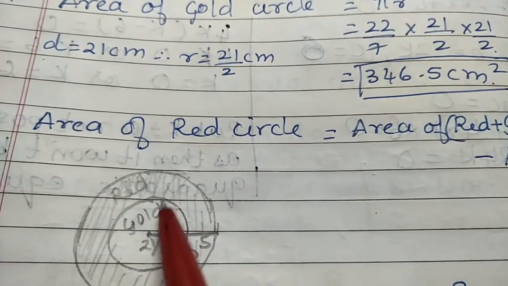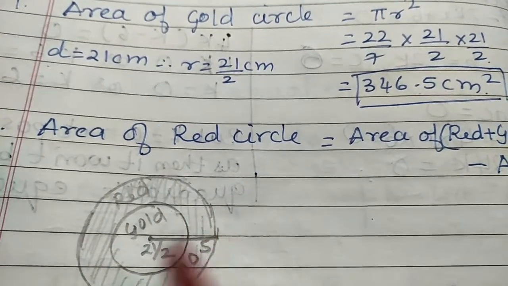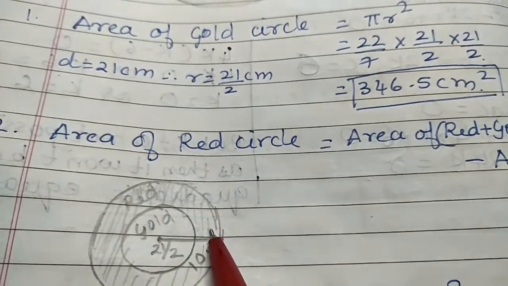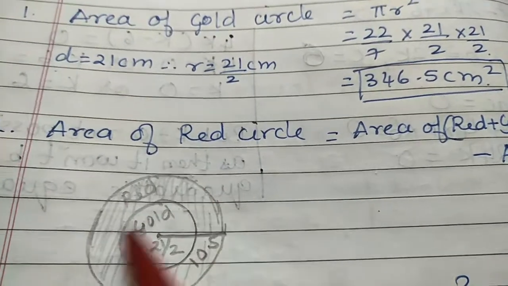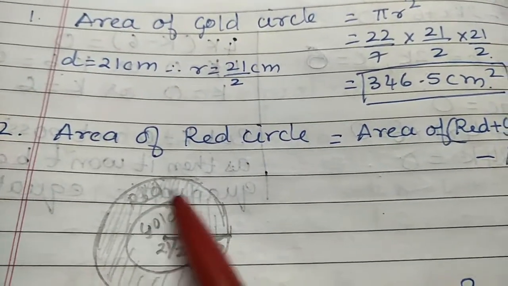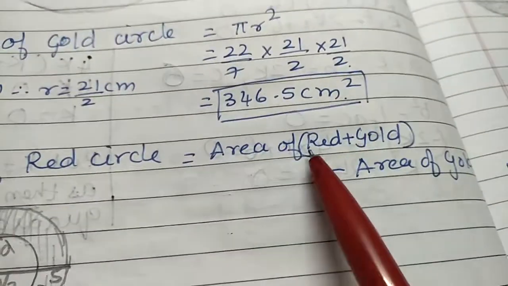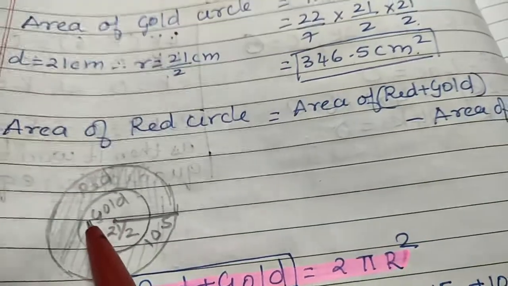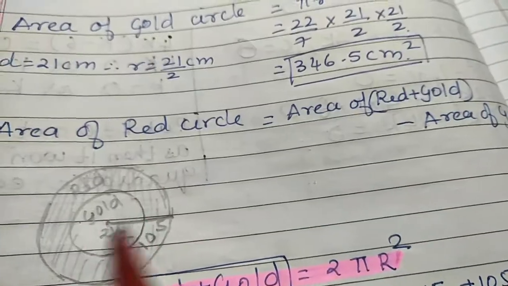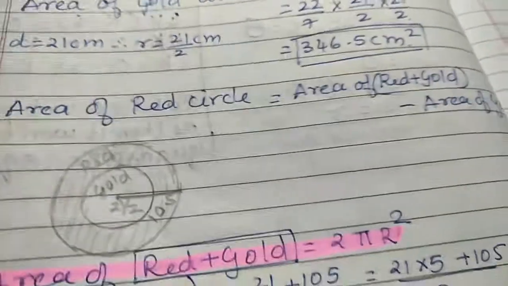If we take the big circle area minus the gold circle, you will get the red area. Are you understanding? The complete big circle minus gold will give you this red area. So the area of red plus gold minus the area of gold will give you the area of the red circle.